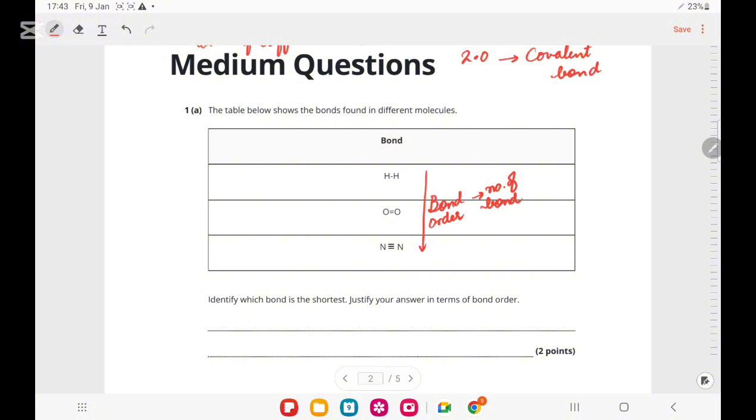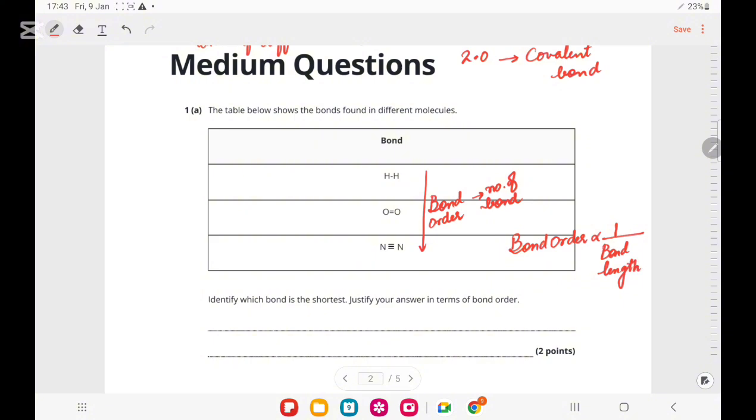As the number of bonds increases, the bond lengths get shorter. So what we have analyzed is that bond order is inversely proportional to bond length.